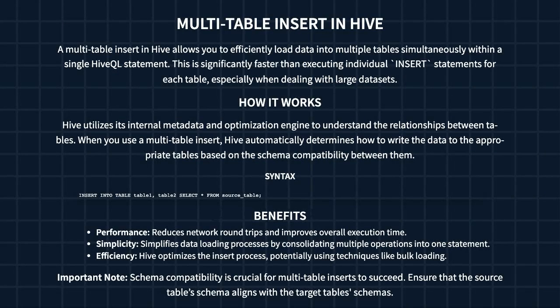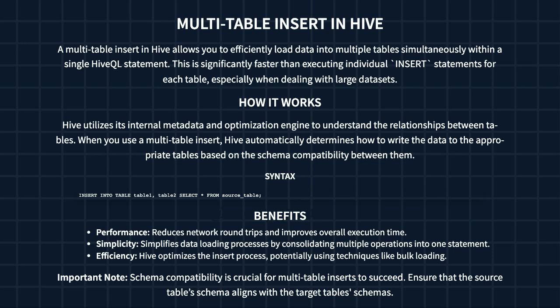Okay, so let's talk about multi-table inserts in Hive. Basically, it's a really clever way to load data into multiple tables at once, all within one statement. Instead of running separate insert commands for each table, which can be super slow with large amounts of data, Hive's optimizer figures out the best way to write everything efficiently. Think of it like a streamlined process that reduces trips back and forth across your network.